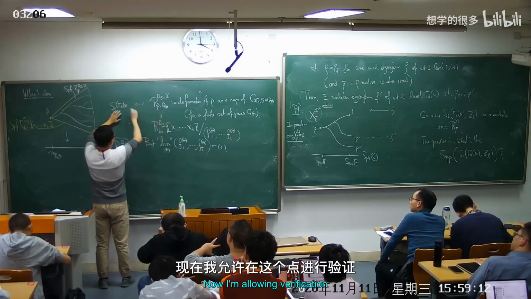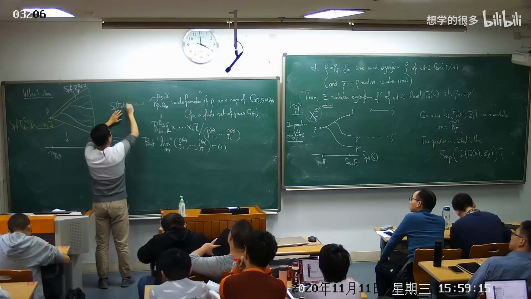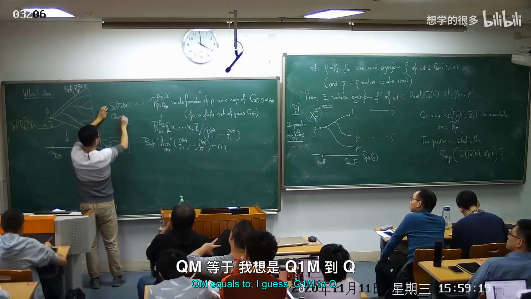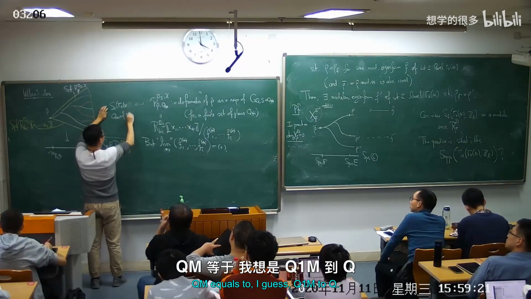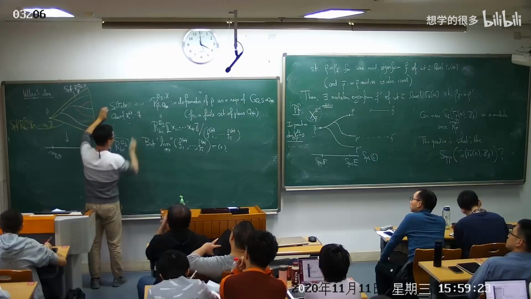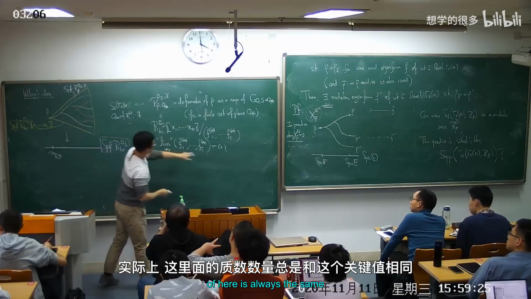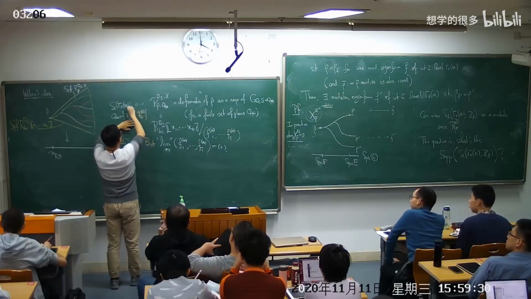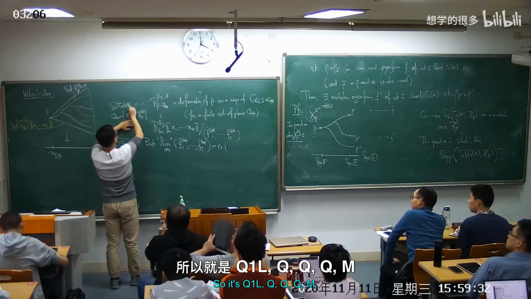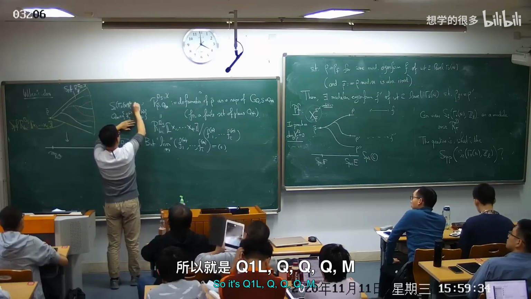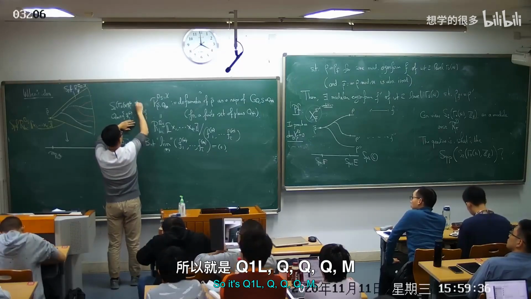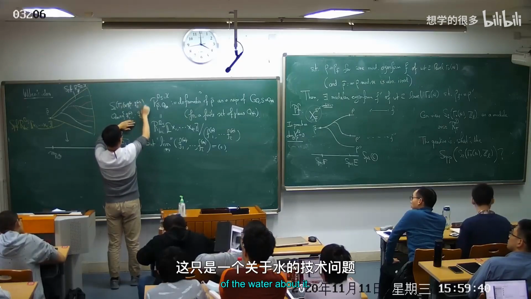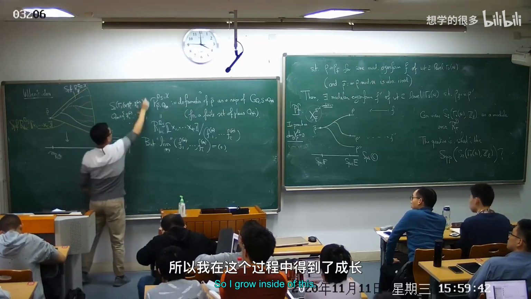Now I'm allowing ramification at this point, so let me write, so this is basically if Q_m equals Q_1m to Q_tm. In fact, the number of primes inside of here is always the same as this t here. So it's Q_1m, Q_tm. Maybe I put Gamma_1 level. It's just a sort of technical issue, don't worry about it. So I grow inside of this.